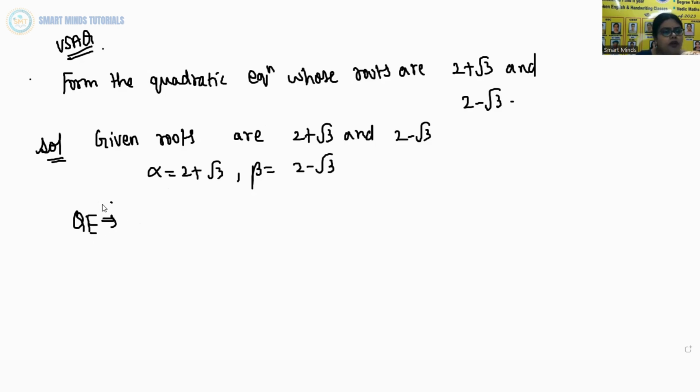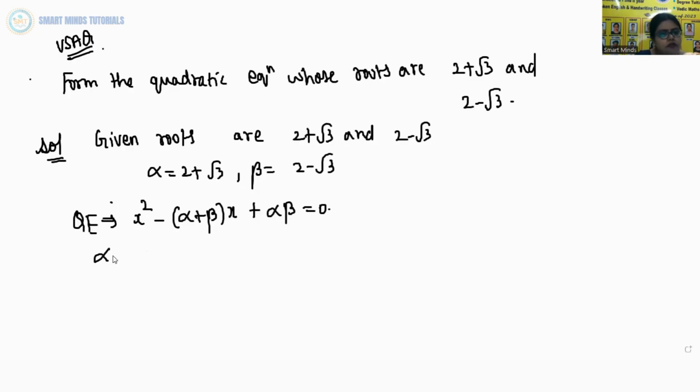You can form a quadratic equation by this formula: x square minus (alpha plus beta) into x plus alpha beta is equal to 0. Here alpha plus beta is the sum of the roots and alpha beta is the product of the roots.